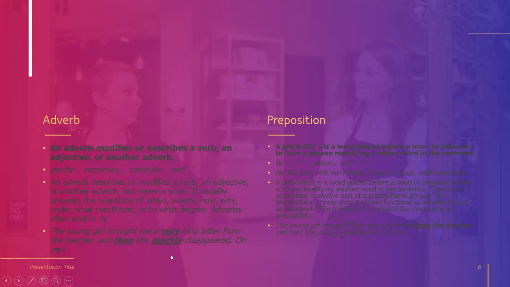So very is the word which is describing how long it is: very long. Then quickly disappeared, all these are also adverbs. There are a lot of adverbs, but the easy way to identify one is to see whether ly is there.